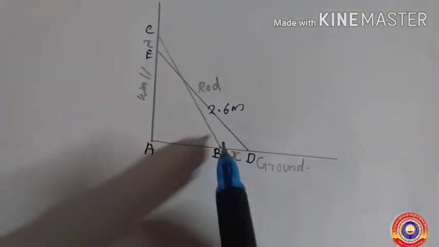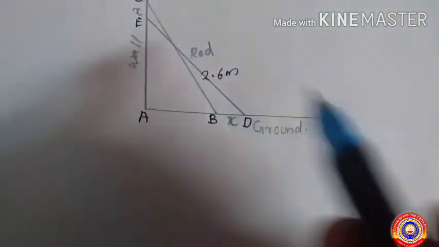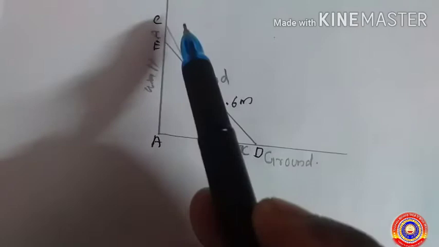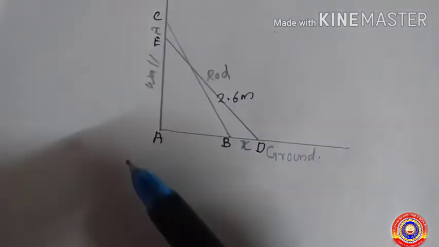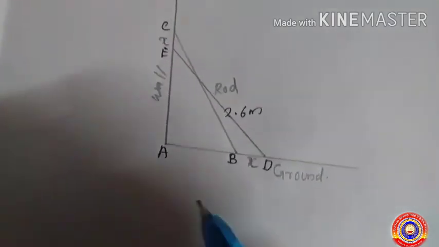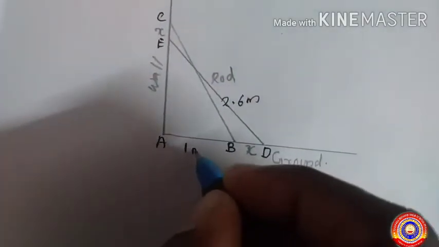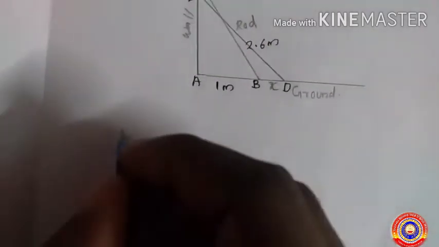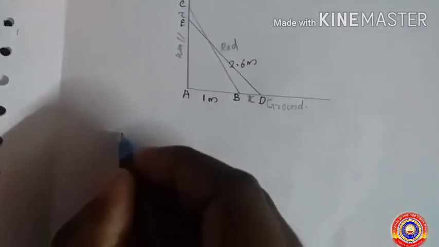First, we have to consider the triangle ABC. It is a right triangle. So from this, we have to find the length of AC. Okay, AC means the altitude. Base is equal to 1 meter and the hypotenuse is the length of the rod and it is equal to 2.6 meter.